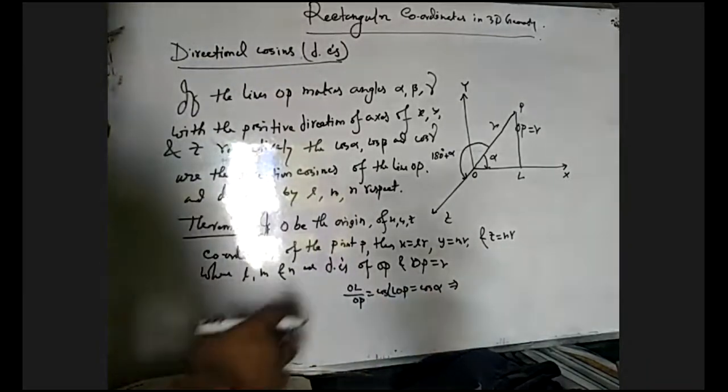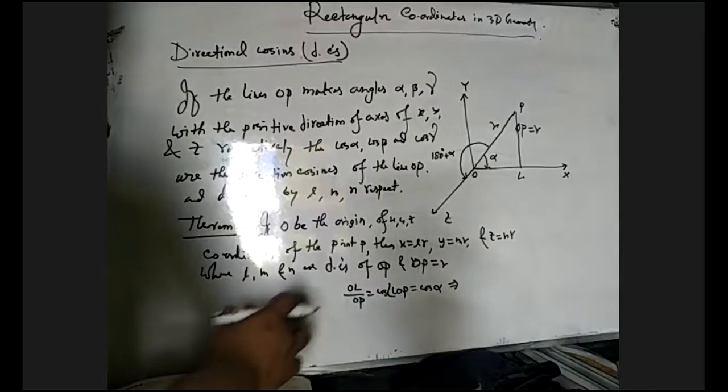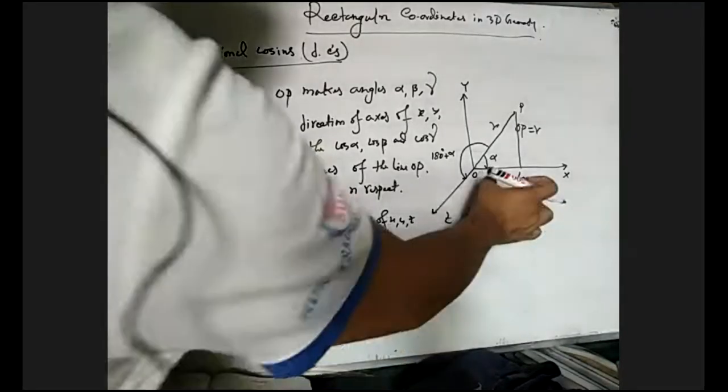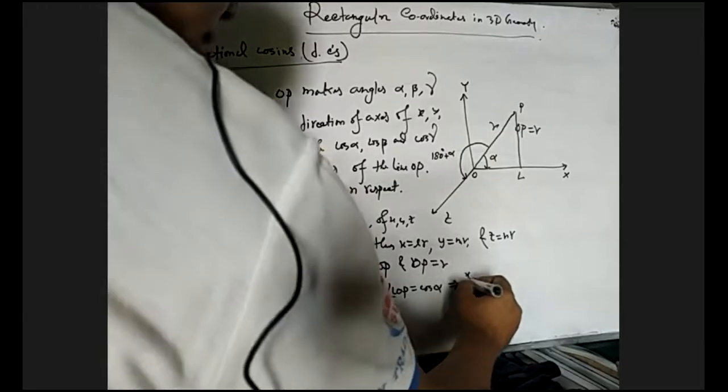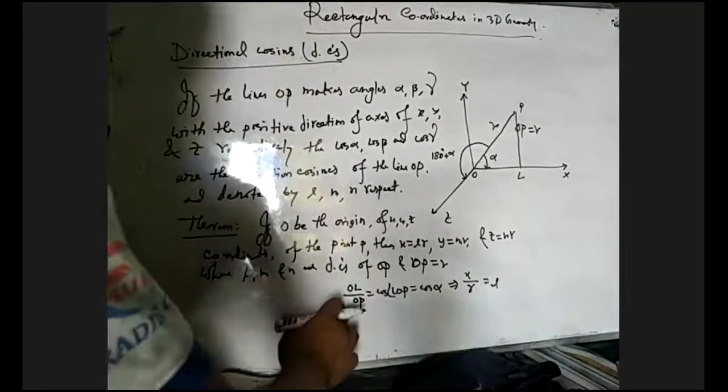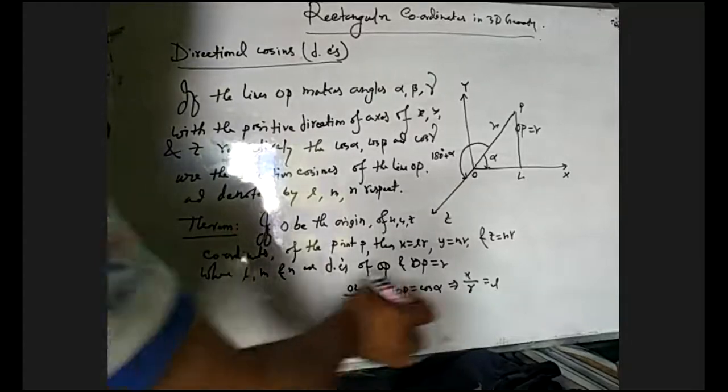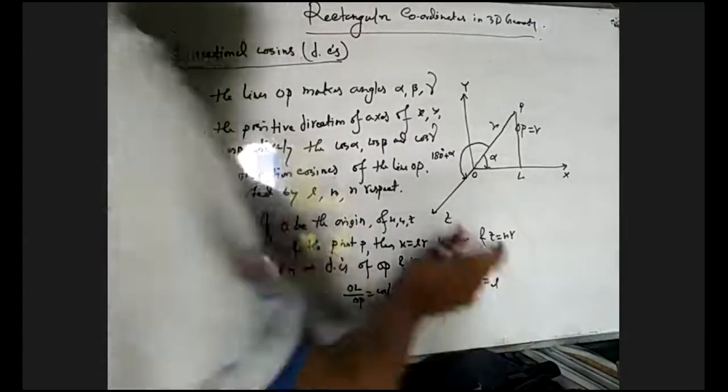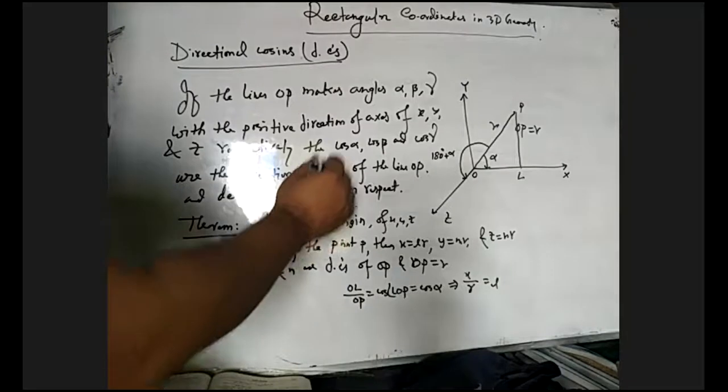Base divided by hypotenuse equals cos. Base is OL and hypotenuse is OP, and OP equals r. This is why cos alpha equals x divided by r. This ratio is called l, so l is the cos alpha. In this way, we can write x equals lr.